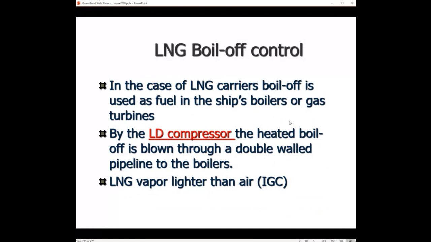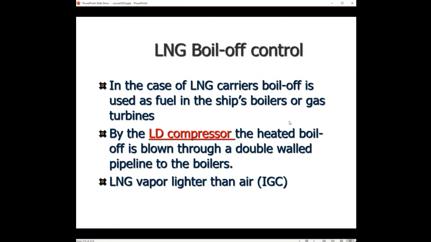First, the LNG boil-off control. For the LNG boil-off control, we have in the machinery room, where the vaporizers are situated, where the compressors are situated, a so-called low duty compressor, LD. We also have high duty compressors, but high duty compressors are used only for cargo operations.